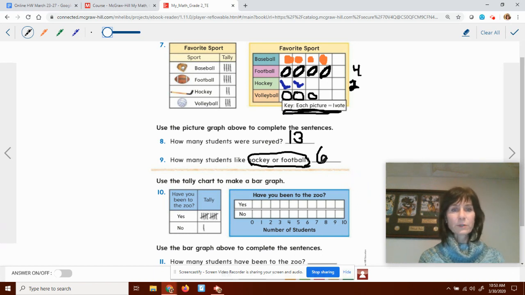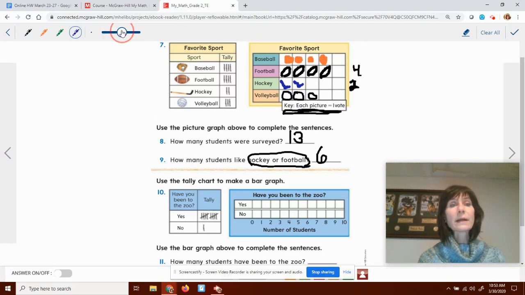Let's take a look at number 10. It says use the tally chart to make a bar graph. Have you been to the zoo? All right, taking a look, yes. I know when I have tally marks and there's one line that is crossed over, this represents 5. So I can skip count by 5. 5, 10. There are 10.